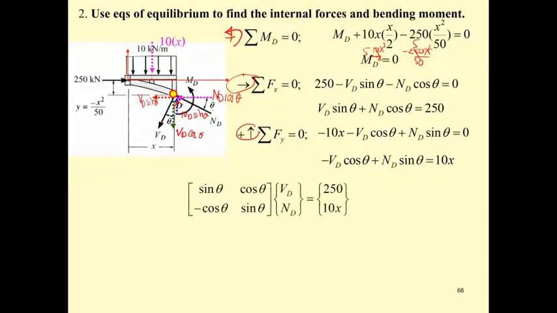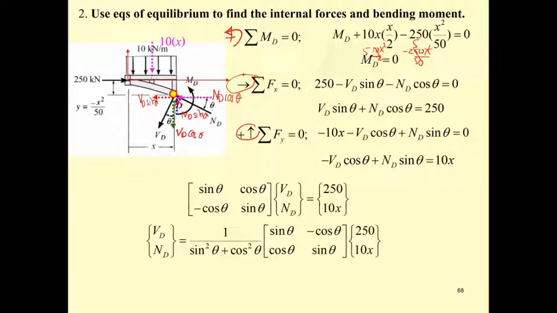By doing this, you use the matrix to do so. And then, if you recall from the matrix, sine v sub d plus cosine n sub d equal to 250. This is v sub d sine plus n sub d cosine equal to 50. Recall that, right?